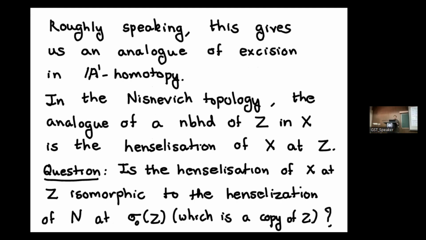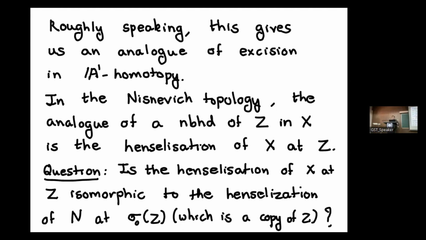So the thing is that in the Nisnevich topology, the analog of a neighborhood is the henselization of X at Z. I think you may have seen the henselization of a ring at some ideal. Right, so you may have seen the definition of a Henselian ring.